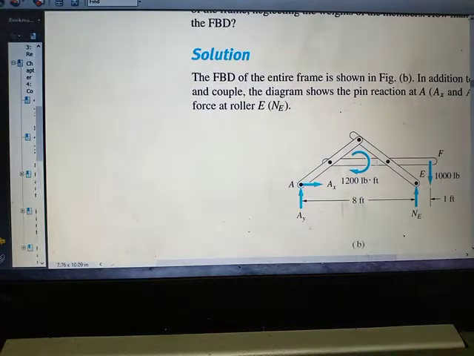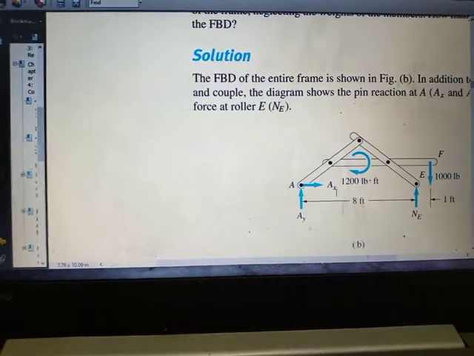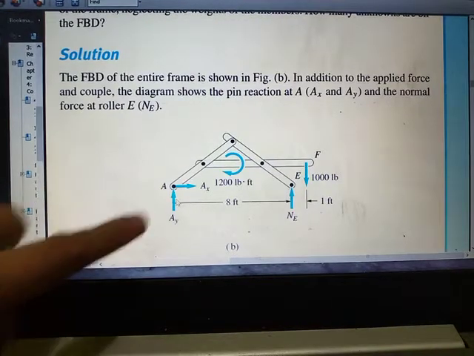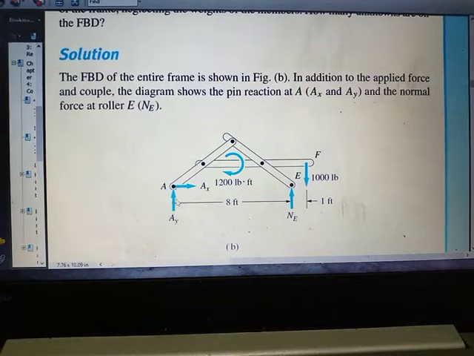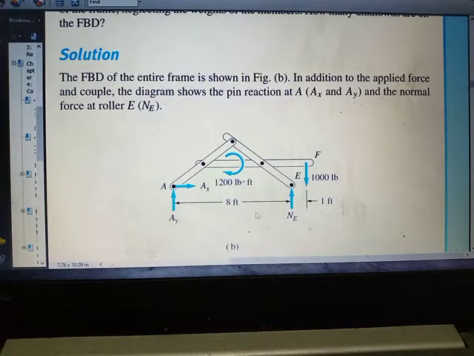Kopyahin mo lang yan. Ito yung support reactions niya. Ito yung tatlo: isa, dalawa, tatlo. Ito, given na to. Kaya, ito na yung free body diagram mo. At tanggalin mo yung supports, then palitan mo ng forces. Yan yung concept ng free body diagram.